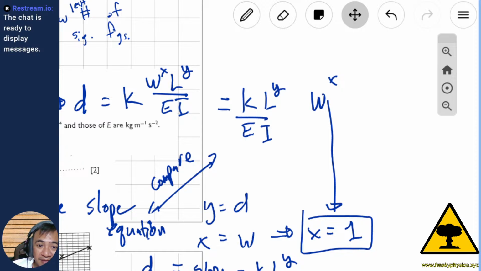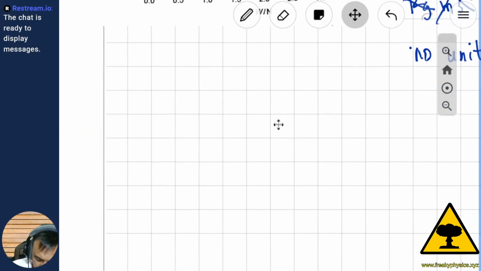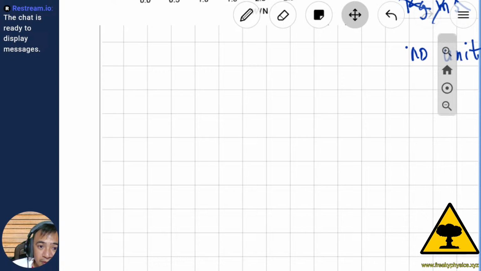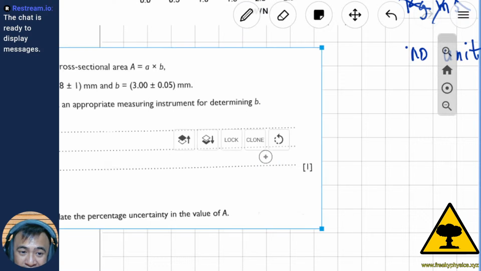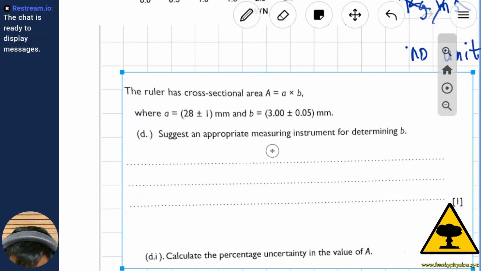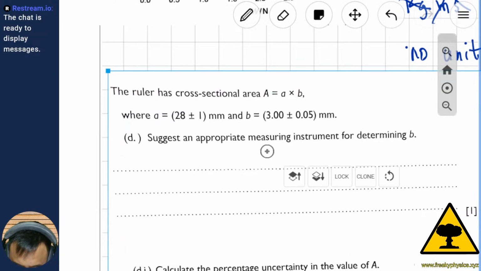We have one more problem. I think we'll just finish this last problem. Okay, copy this. Last question here. We need to suggest an appropriate unit and a percentage uncertainty for A, right? What instrument do we need for determining B?